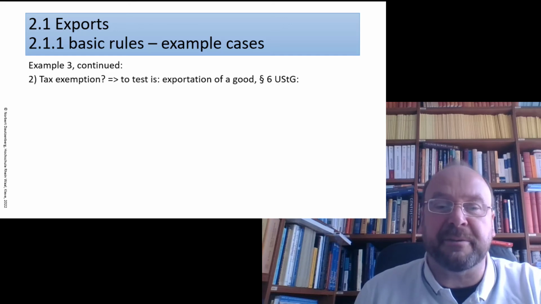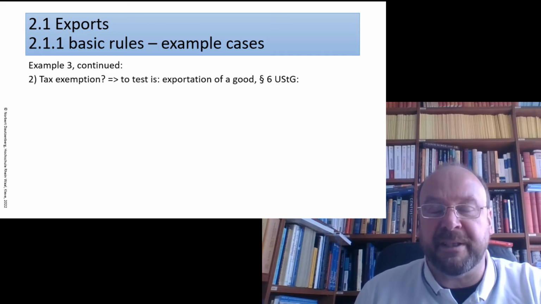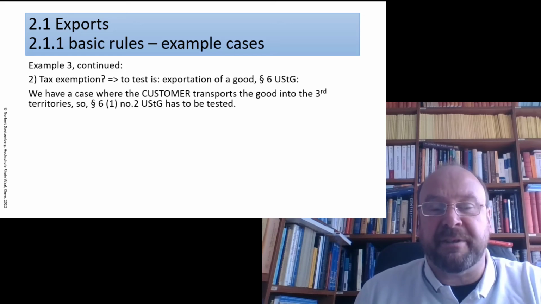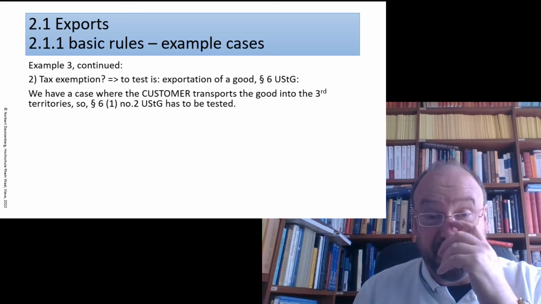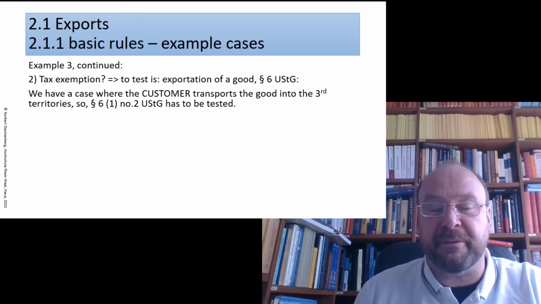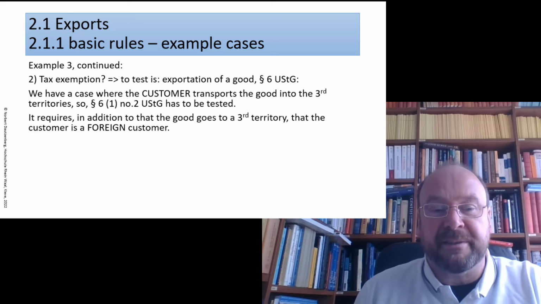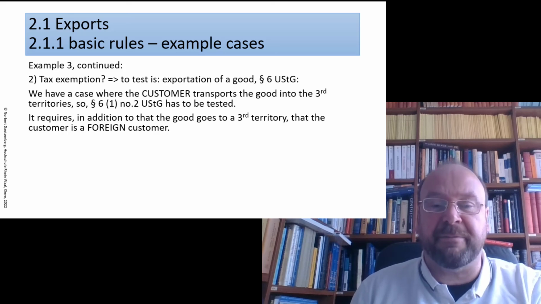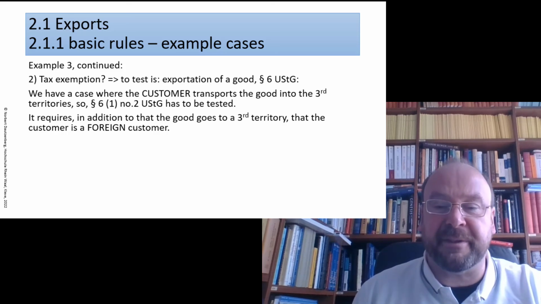Now let's look to the core of that small case. We have to test if it's an exportation of a good. 6. We have a case where a customer transports the good into the third territory, so Switzerland, so it's 6.1 number 2. 6.1 number 2 says it's only a tax-free export if the customer is a foreign customer.